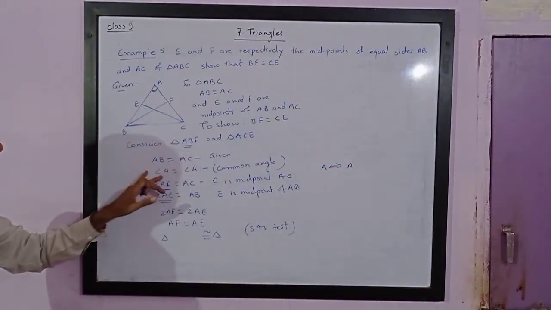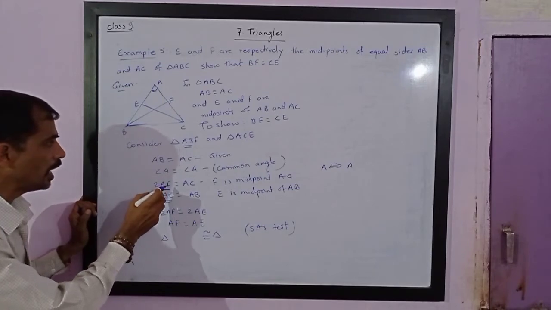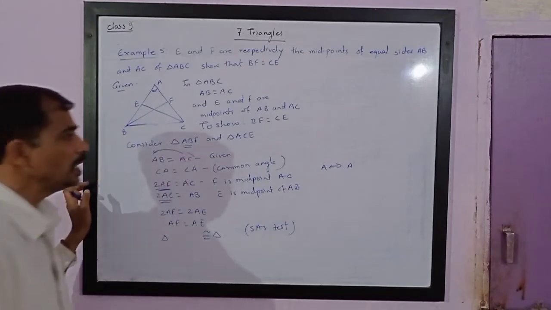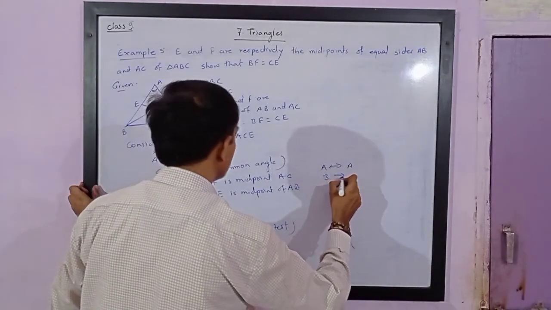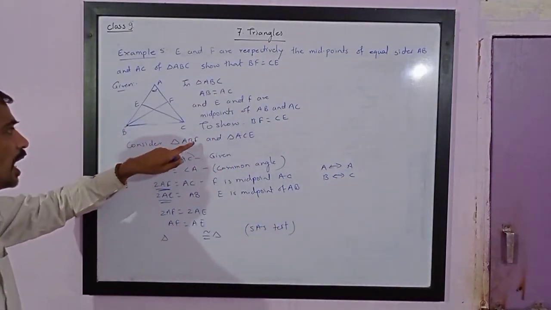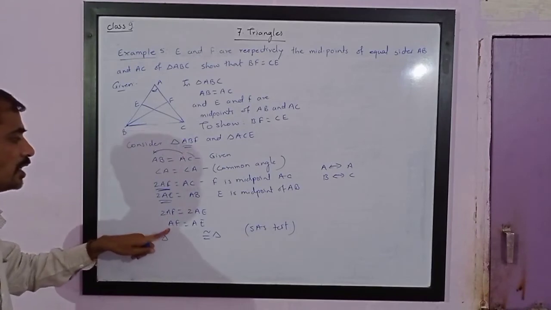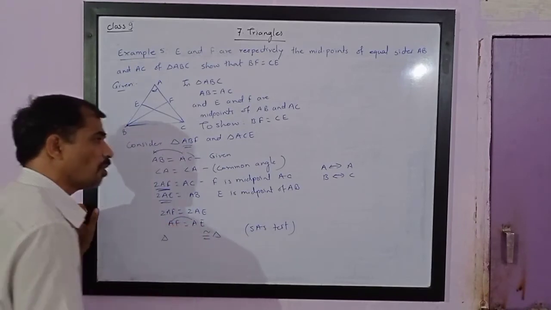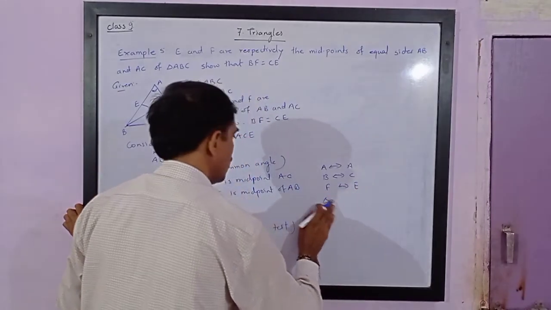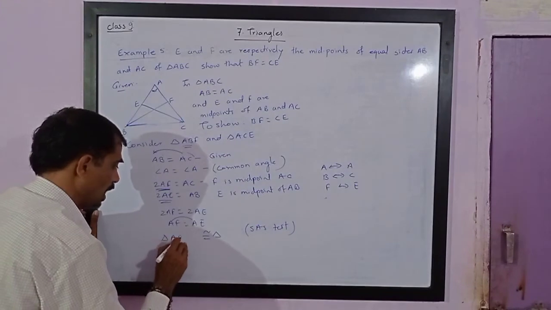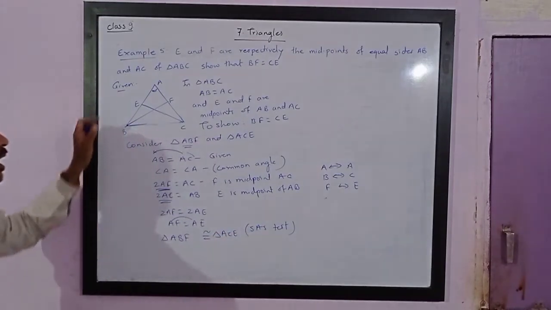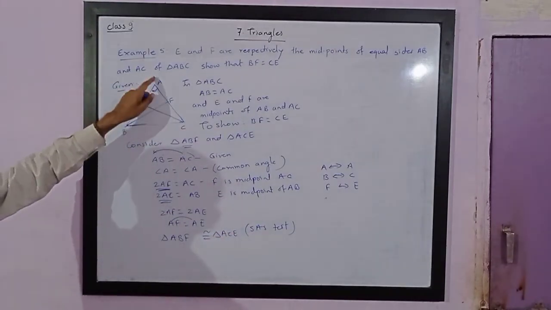So A corresponds to A. Since A corresponds to A, B must correspond to C. And the remaining vertex is F, so F corresponds to E. So I can say that triangle ABF is congruent to triangle ACE.